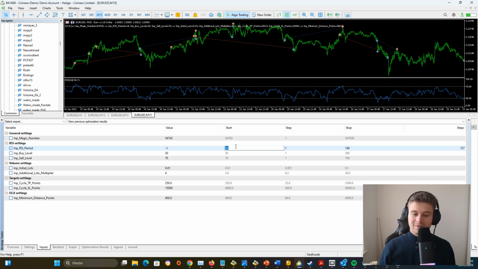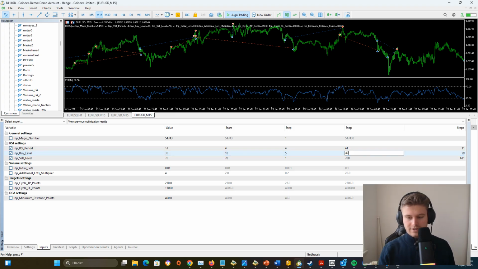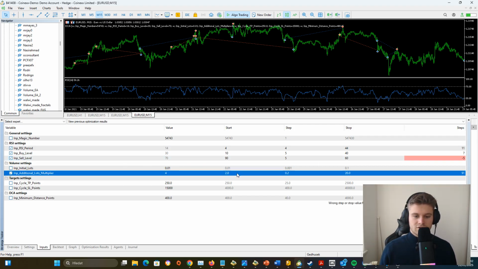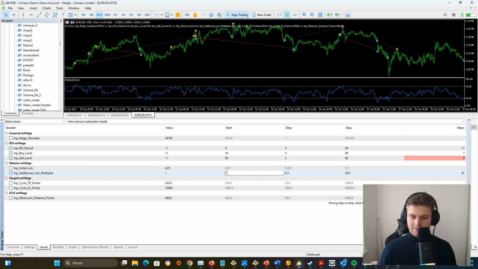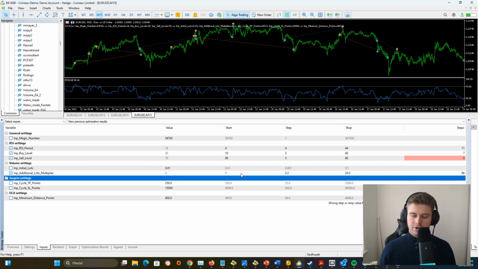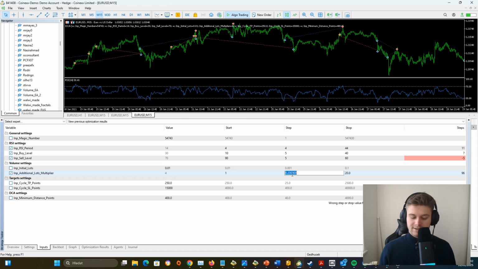So the first thing we can optimize is RSI. Let's start at 4, increase by 4, and let's do, for example, 44. Buy level and sell level, I think we can start at 10, increase by 5, and do 40. The same thing here, so 90, 5, and 60. Initial loss, we will keep that. Additional loss multiplier, we will start at 1. That's an option where we don't want to increase the lot size.